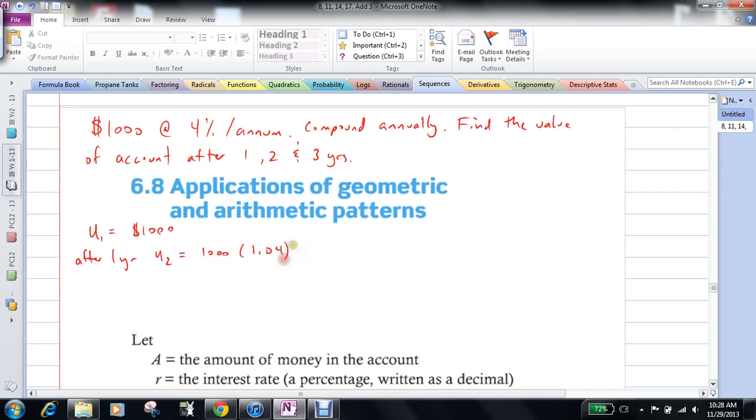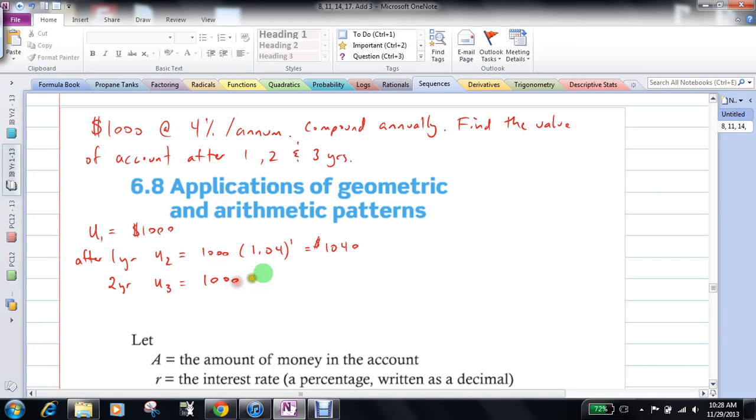Remember from our exponents and logs chapter that in order to grow, we have to have a base that is greater than 1. So I'm going to multiply 1,000 with 1.04. It's only been in there for 1 year, so that's all that's happening. And I'll end up with a value of $1,040.